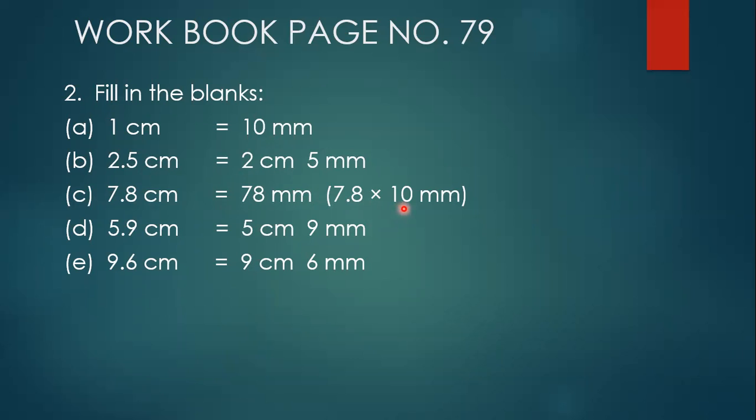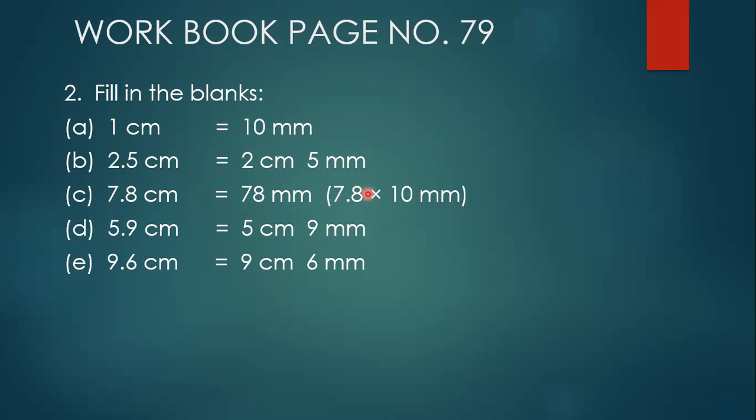And when we multiply a decimal number by 10, the decimal place will move 1 digit to the right side. Now the decimal place is in between 7 and 8. From here, it will move 1 digit right, so it will come after 8.